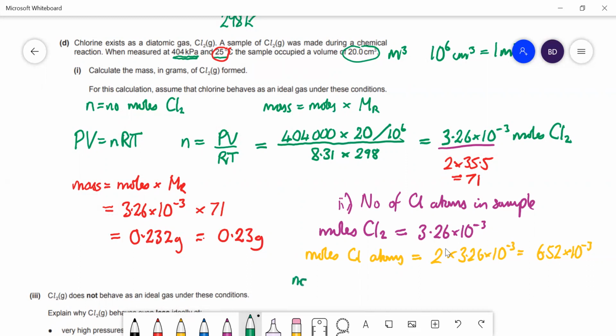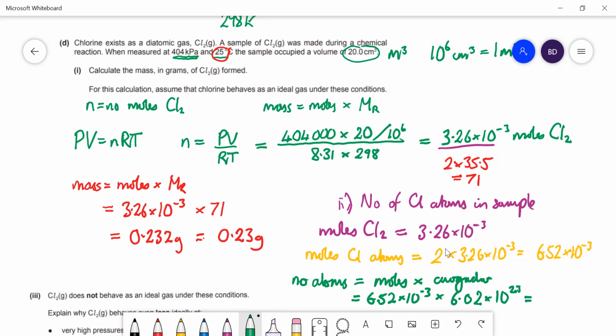Number of atoms is going to be equal to the number of moles multiplied by the Avogadro constant. So that's 6.52 times 10 to the minus 3 multiplied by 6.02 times 10 to the 23. That's the Avogadro constant. And that gives us 3.93 times 10 to the 21 atoms.